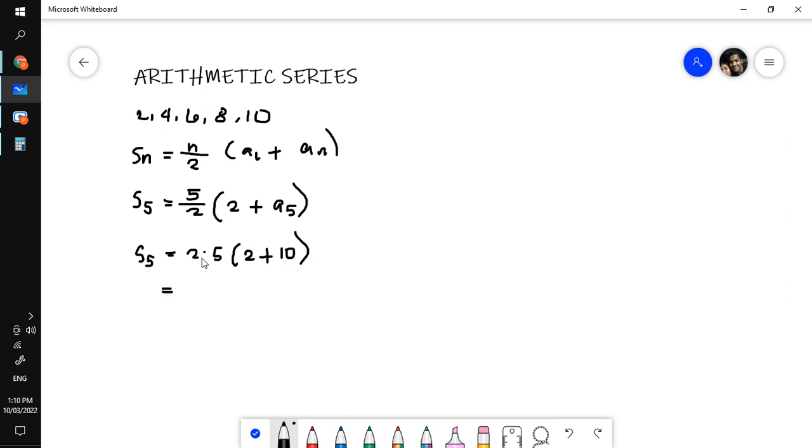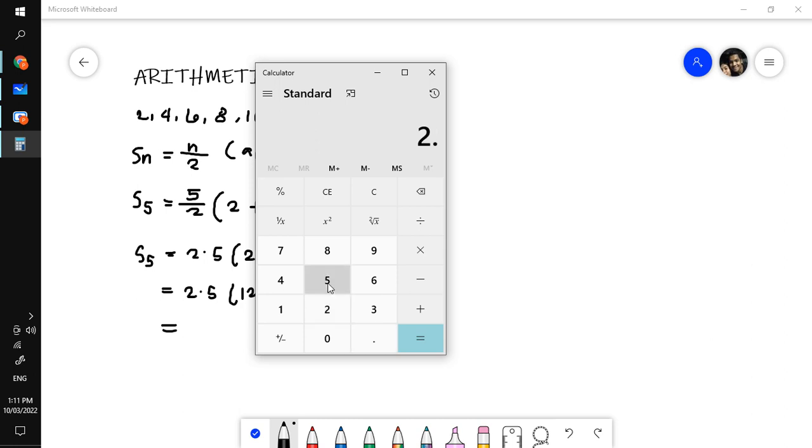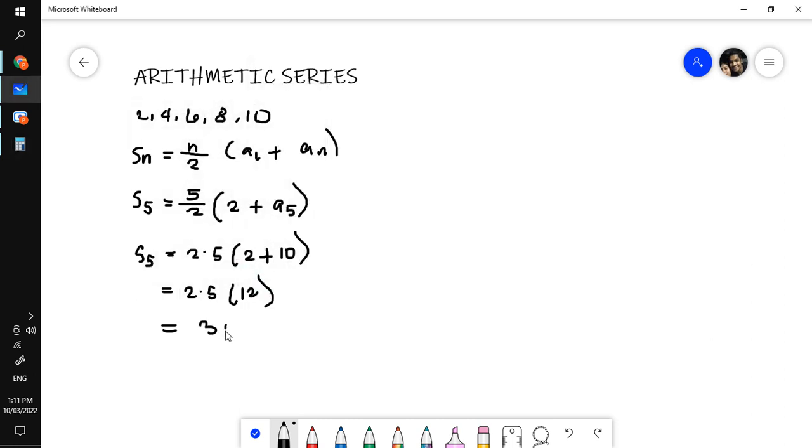This gives us 2.5 times 12. Now let's multiply 2.5 times 12. That is equal to 30. This means that the sum of the first 5 terms in this sequence is just equal to 30.